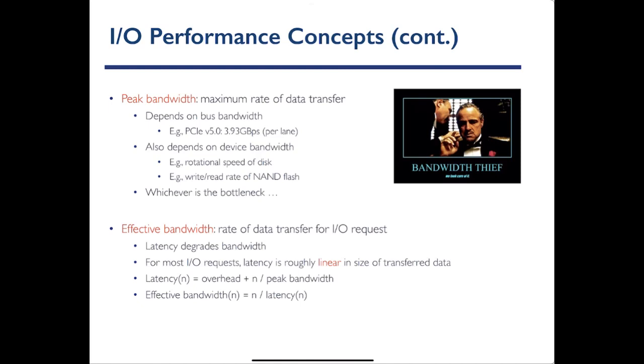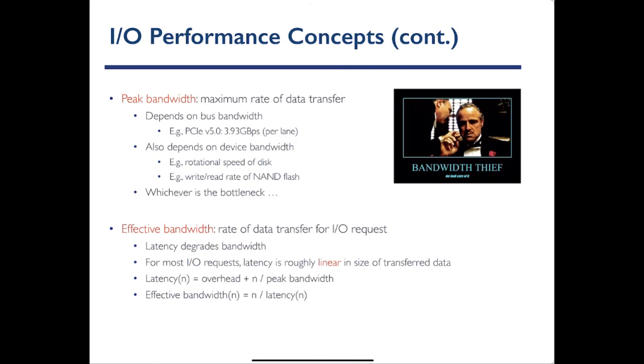You also have an effective bandwidth. This is basically what is observed of your system. This is the rate of data transfer for I/O requests, not the max, but what actually happens in reality.